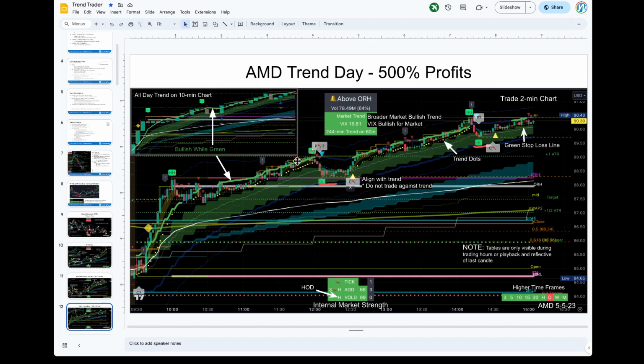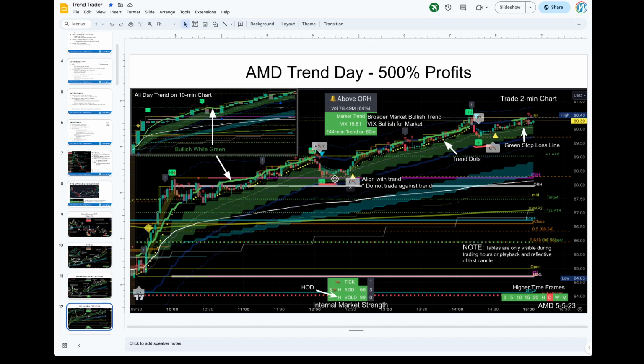So what you do is you wait, and if you look in a little bit, you'll see. So if you look right here, that yellow triangle is saying that the short-term trend is moving up. You get that green again. When you start seeing these little green triangles, that's showing you that we're starting to move up again.